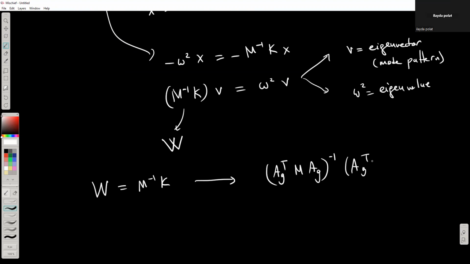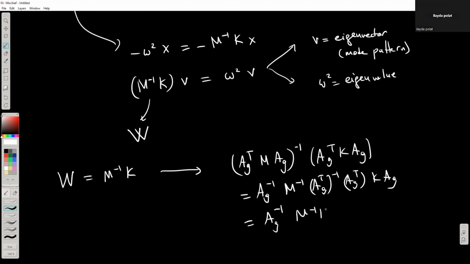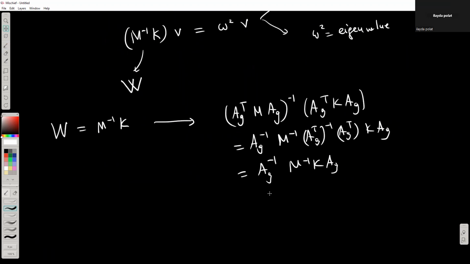A_G transpose K A_G, which is equal to A_G inverse M inverse A_G transpose inverse, times A_G transpose K A_G.